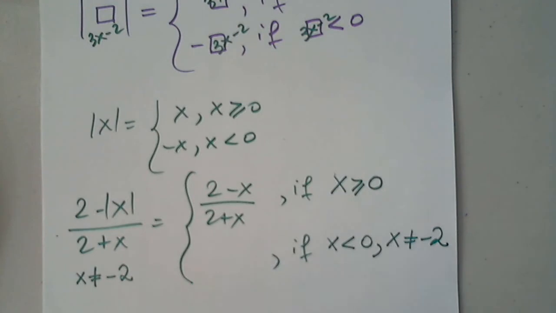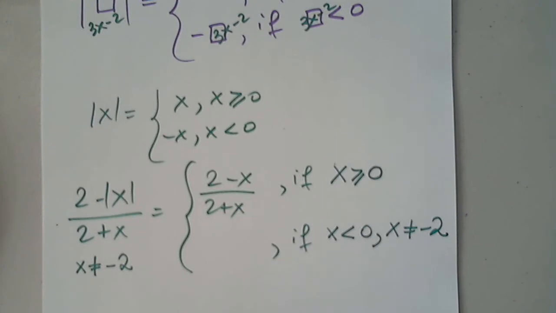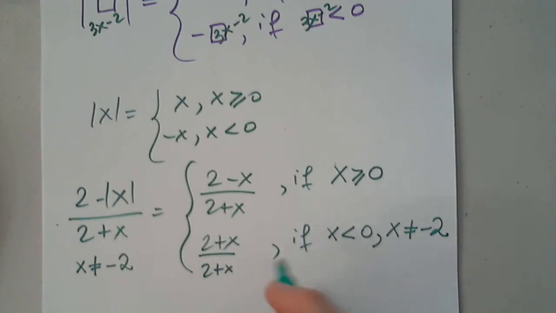What is the other option? Anyone wants to give it a shot? 2 plus x over 2 plus x. Excellent. Since I already excluded that, this 2 plus x over 2 plus x would become what? 1.